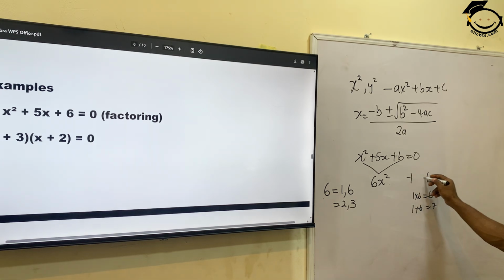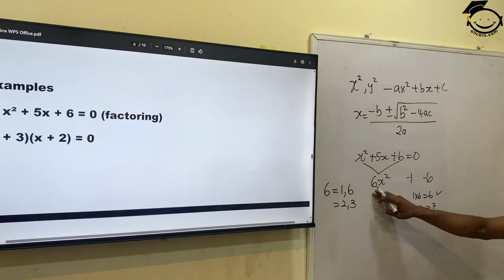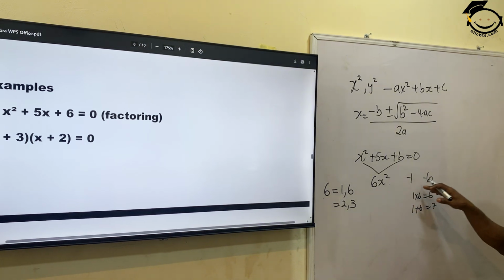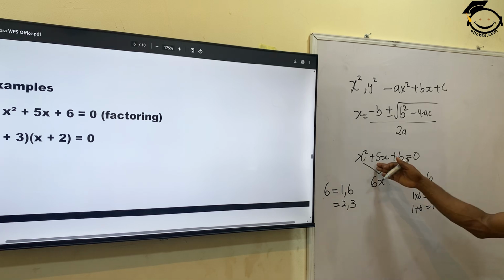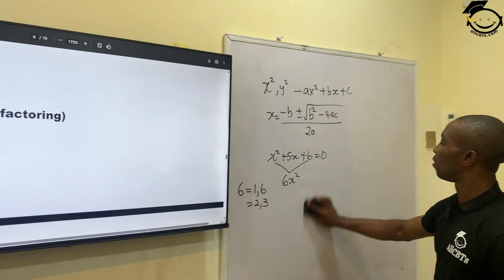Now, if we look at the negative aspect, minus times minus will give us a positive 6, which is correct. But minus 1 minus 6 will give us minus 7, which isn't what we are looking for. We are looking for a positive 5. So minus 1 and minus 6 won't be our factors.